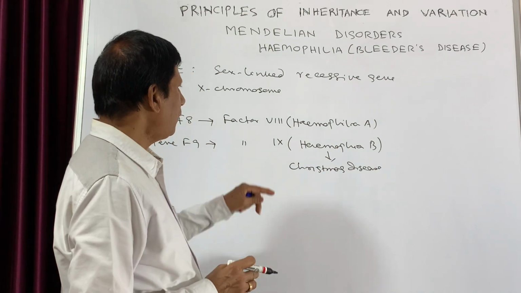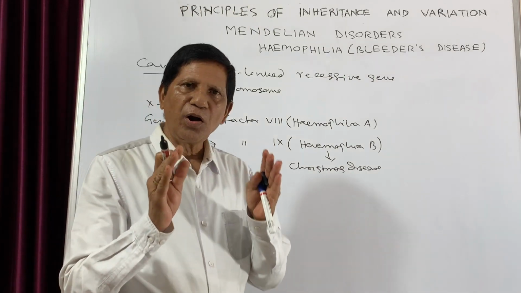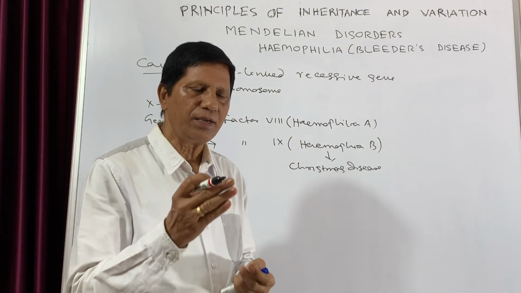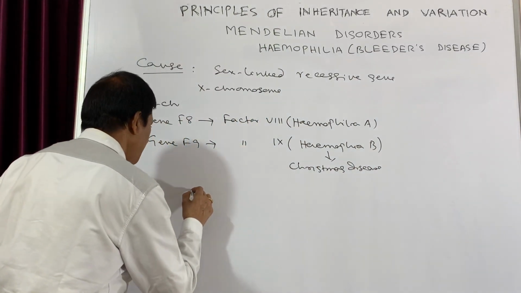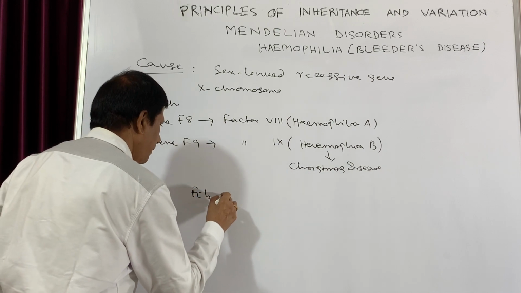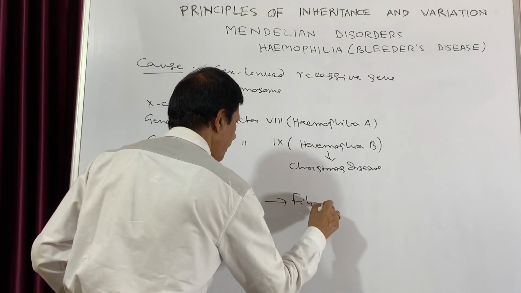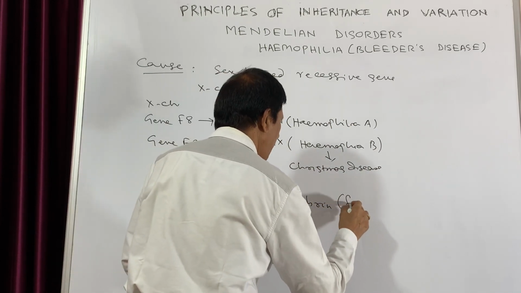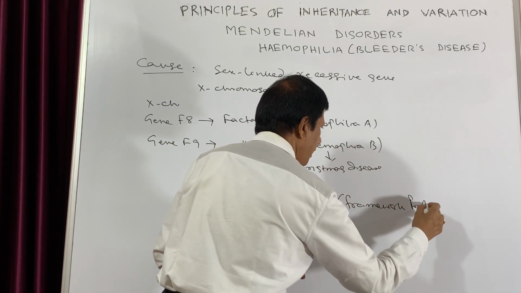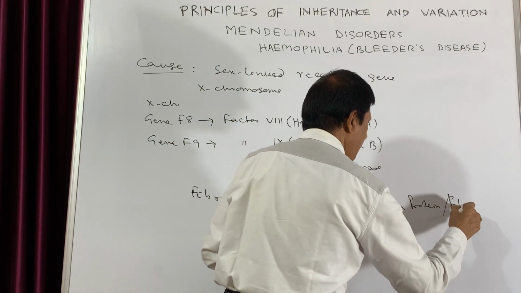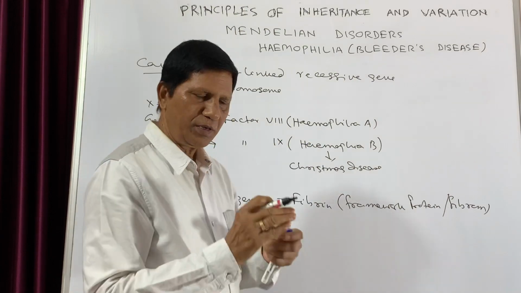So what is the main function of these factors? For blood clotting, the protein is fibrin. But how is this fibrin formed? Fibrinogen is converted to fibrin, and this fibrin is the main framework protein, because it is a fibrous protein, and this is responsible for the clotting of the blood.